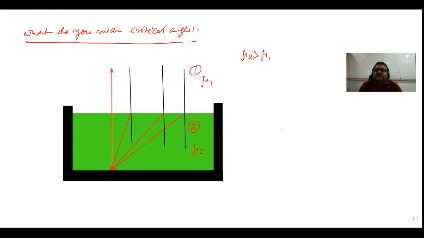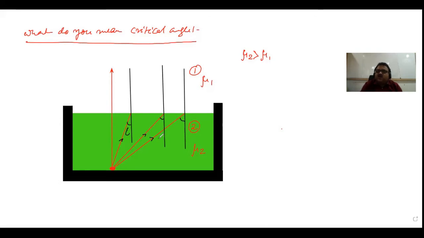If you watch this figure very carefully, you will find that slowly this angle of incidence, where light is moving from denser to rarer medium, increases. Assume this is angle I.